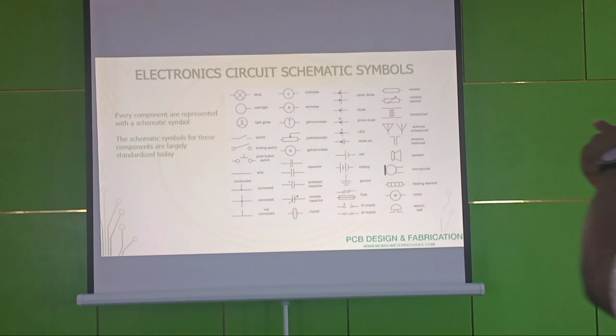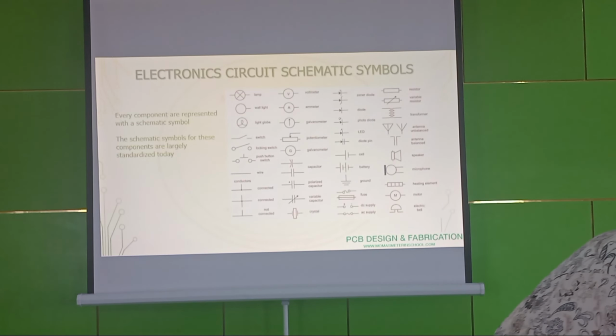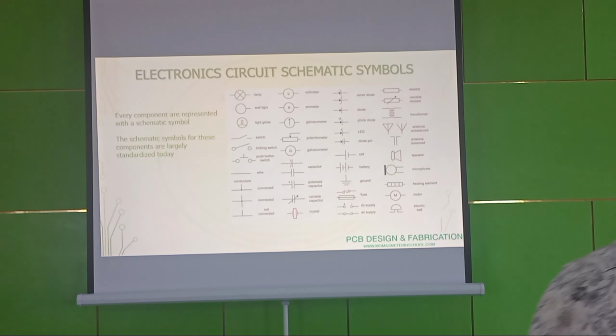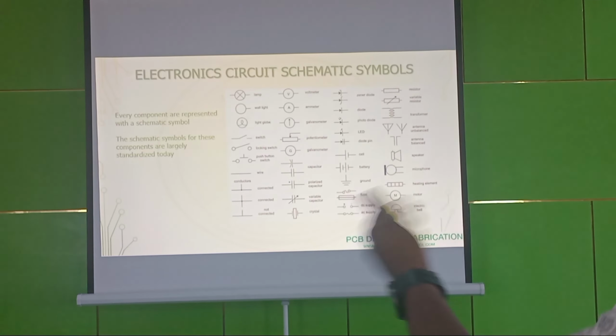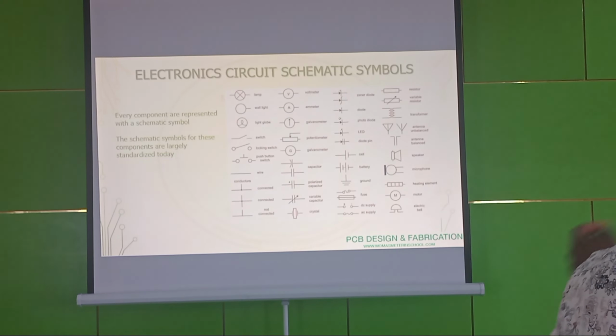And this will help you in making your schematic design. Because what's a schematic design? Is where you have all the component graphical symbols being connected to each other. And you are representing each component with a graphical symbol.